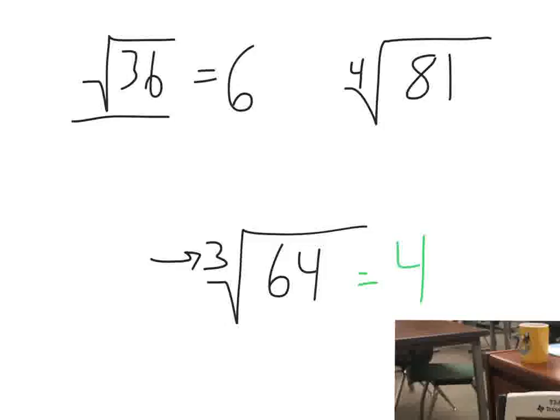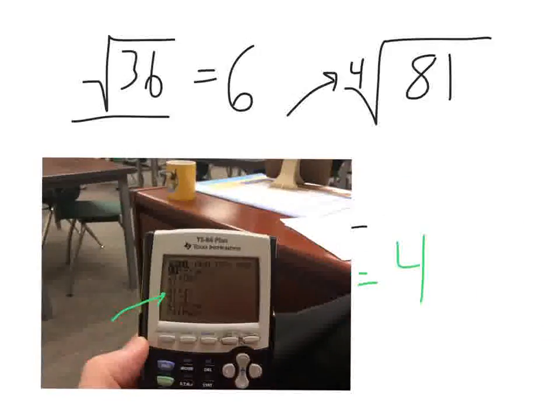And again, up here we've got fourth root of something, which requires yet something else. On that same menu on your calculator, you'll notice that underneath it this time, we've got number 5, which is x root.